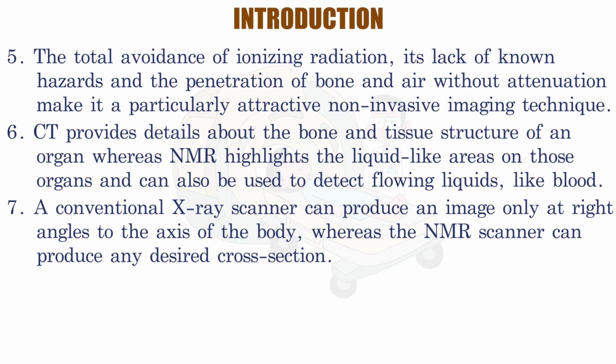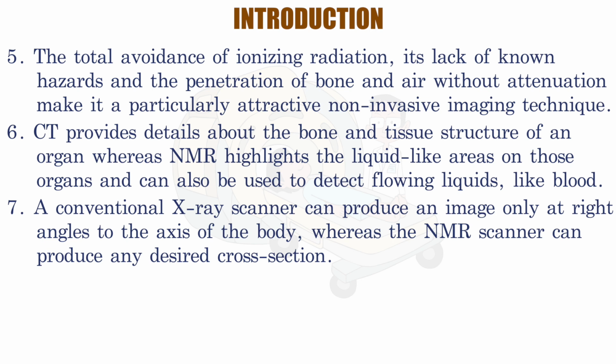CT provides details about the bone and tissue structure of an organ, whereas NMR highlights the liquid-like areas of those organs and can also be used to detect flowing liquids like blood.